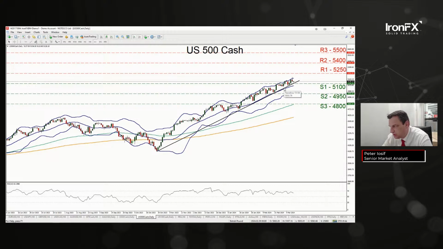But should the index correct lower, the first signal of the end of an upward movement would be the breach of the upward trend line currently guiding it. I would also expect a breach of the S1 5100 and the price action to start actively aiming for the 4950.